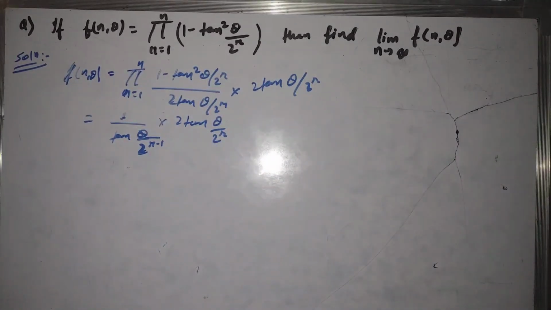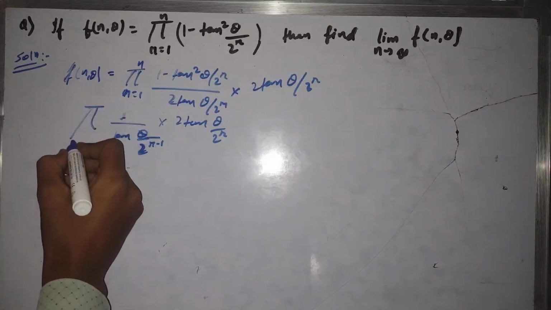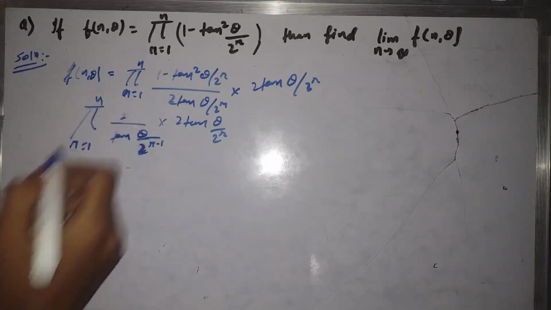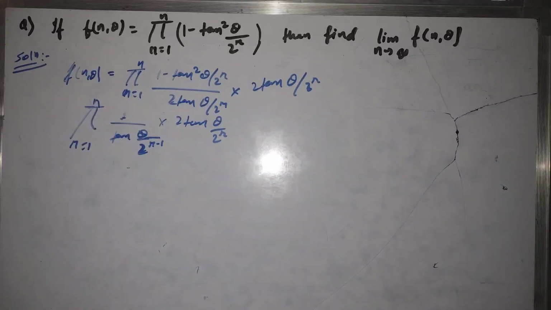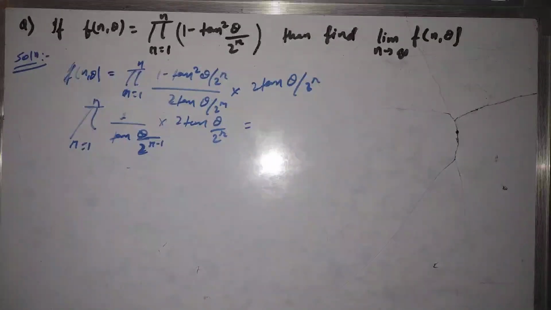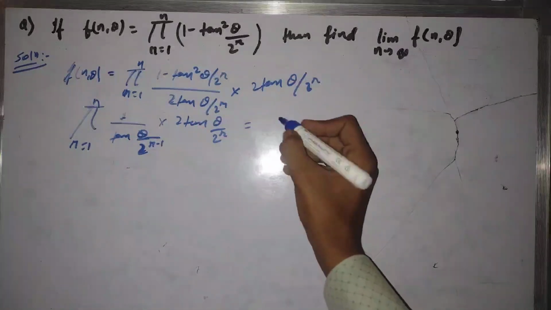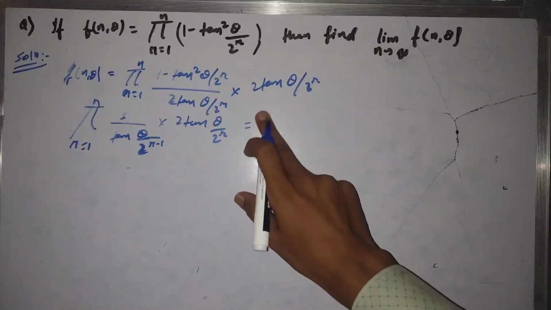This is actually a continuous product, so we have to multiply it from 1 to n. Now just putting values of r, this is 2 to the power n, because we are going to multiply it n times.